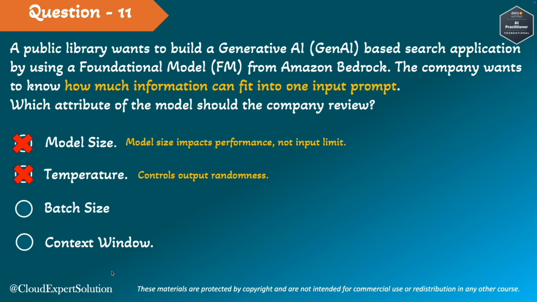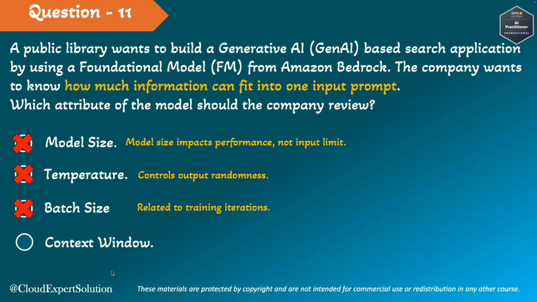Option 3 is batch size. Batch size tells us the number of prompts that the AI model can process at once and that affects the model throughput. But this does not provide information on individual prompt length. Moreover, batch size is related to training iterations, not prompt size.